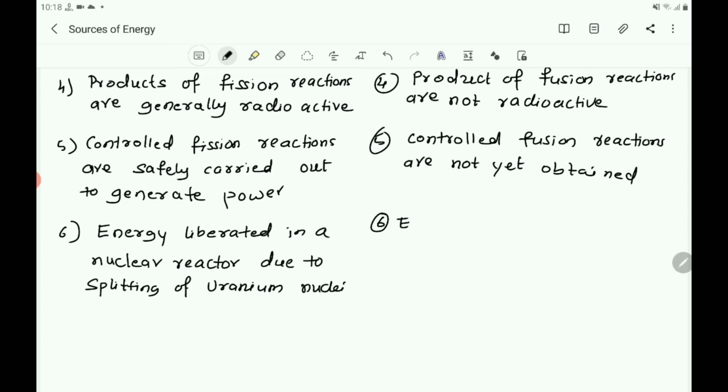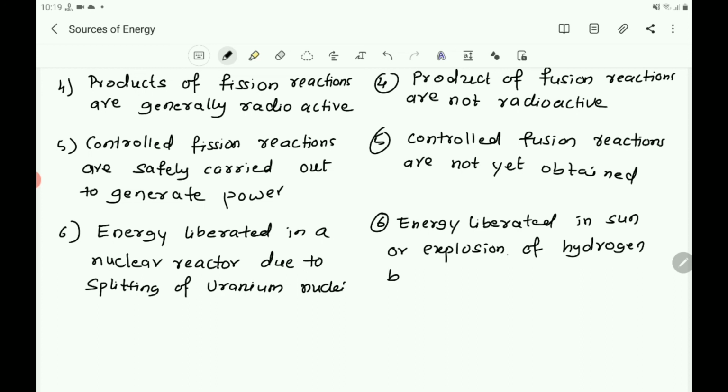So you write energy liberated in sun or explosion of hydrogen bomb due to fusion of hydrogen nuclei.